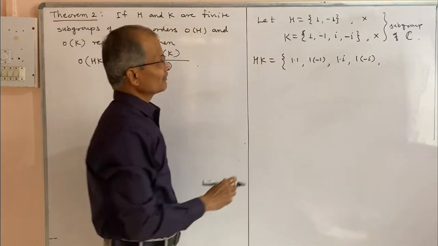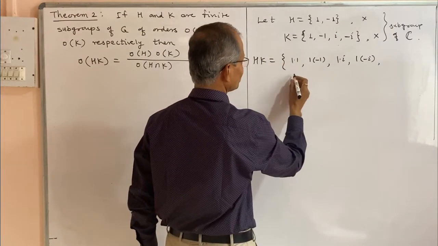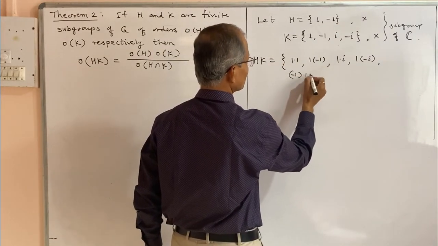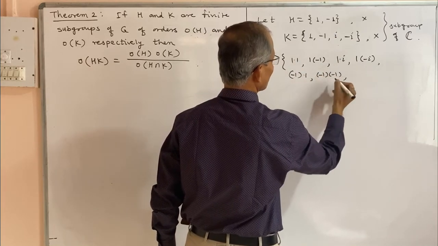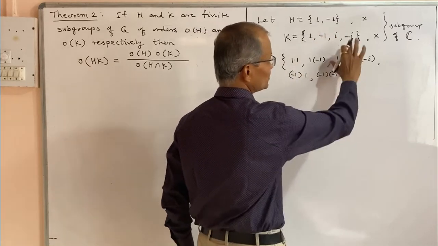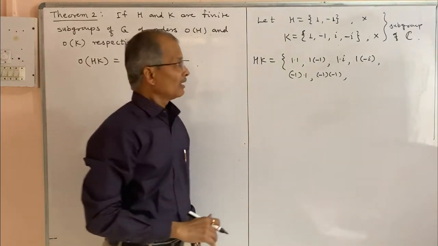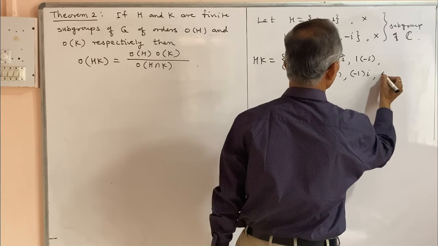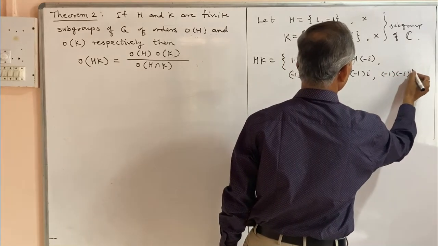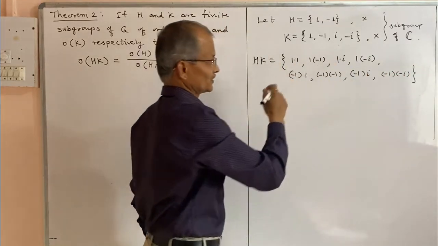Then further -1 into 1, -1 into -1, -1 into i, and -1 into -i. This is the usual multiplication. So these are the elements in HK.